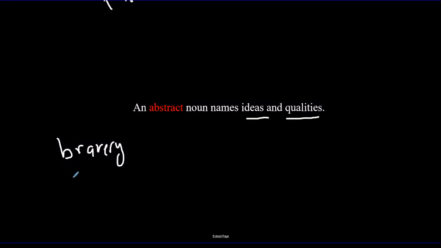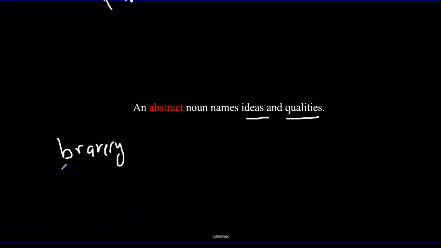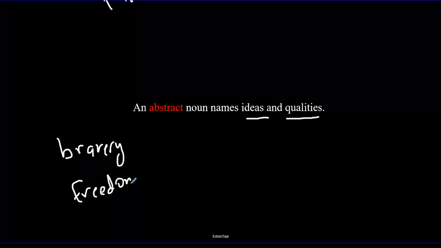Therefore, bravery is an abstract noun because you cannot touch or see it. You can just sense that it's there, but you cannot use sight or hearing to understand it. Another example is the idea of freedom. Freedom also is an abstract noun because it's only an idea.